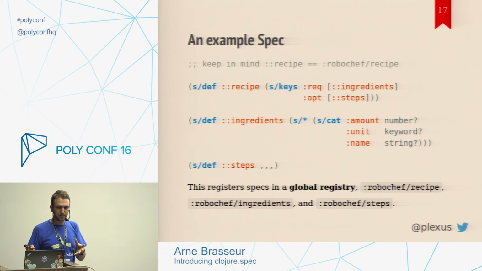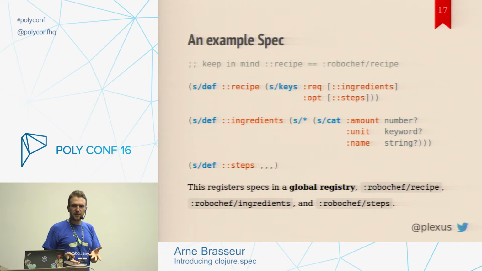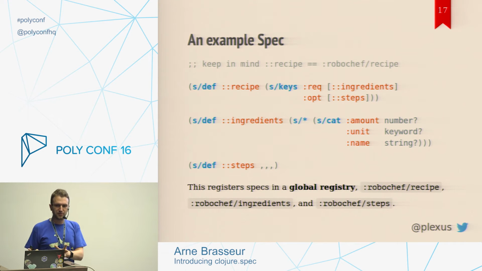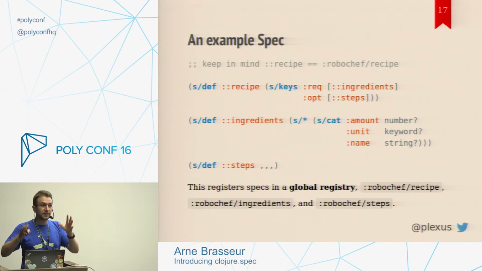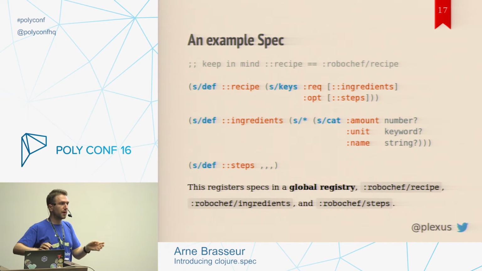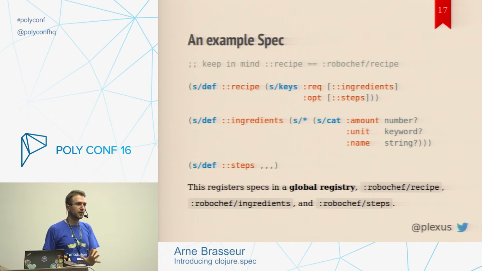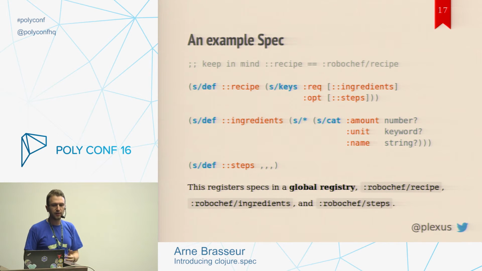I'm going to register the recipe spec. Here I'm saying that a recipe is a map with certain keys. It needs to have an ingredients key, and it optionally also has a steps key. Like I said, this is just a first example to warm up. I'm going to go into much more detail later on, so just try to get the big picture now.